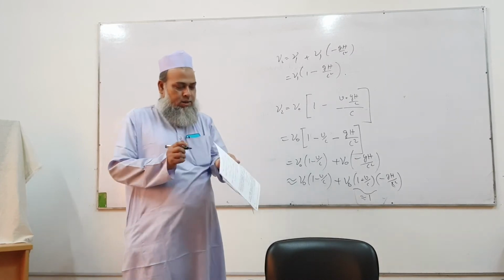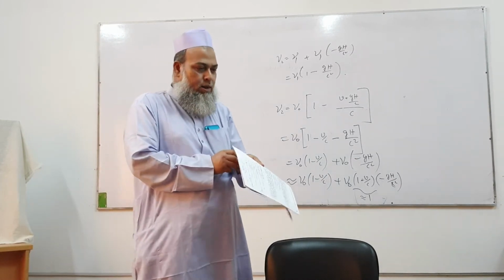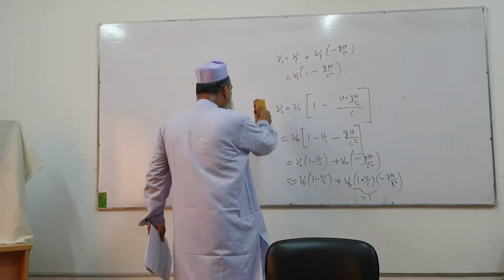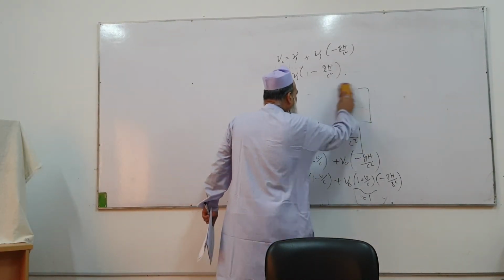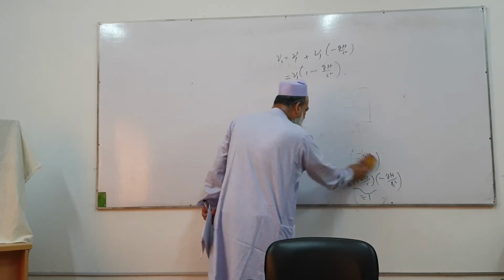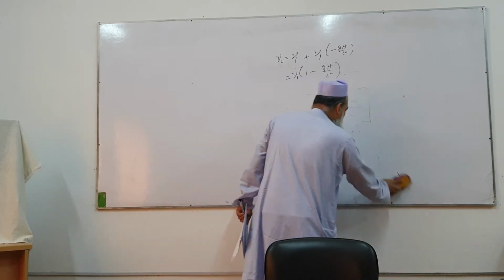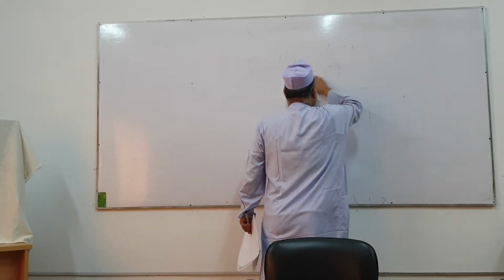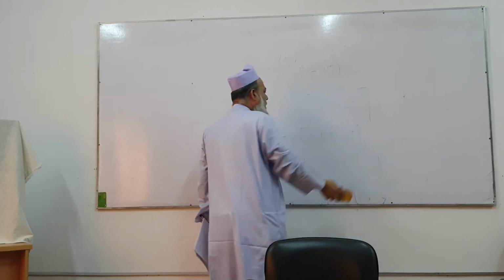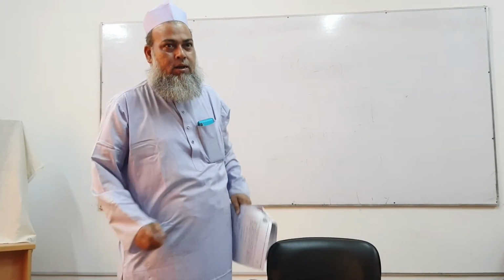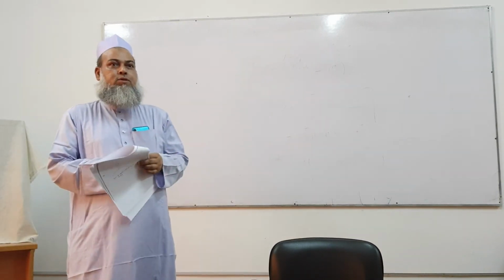The next thing is, here in this formula, a hidden thing is there. What is that? That is Einstein's famous formula, E equals mc square.